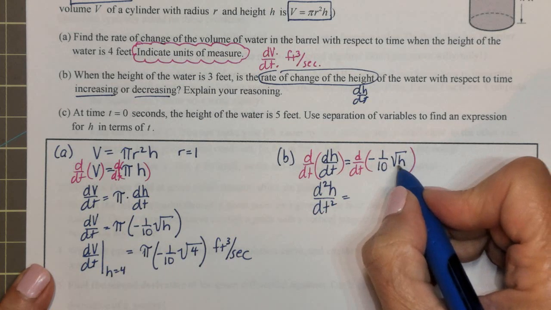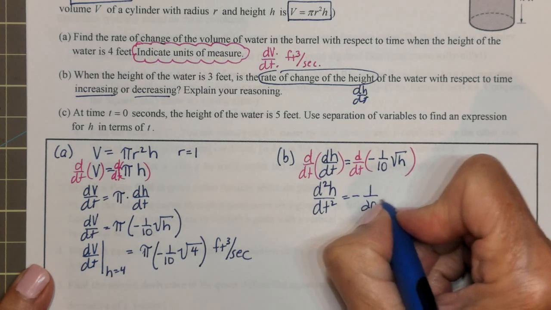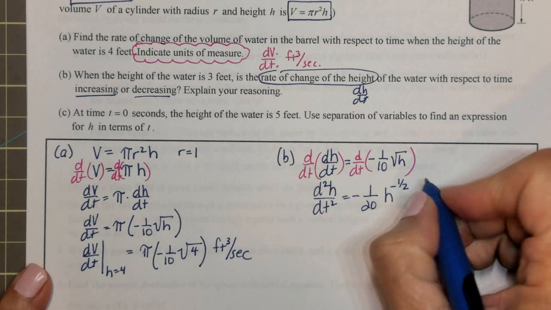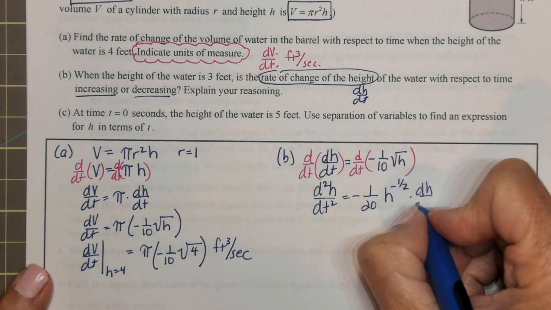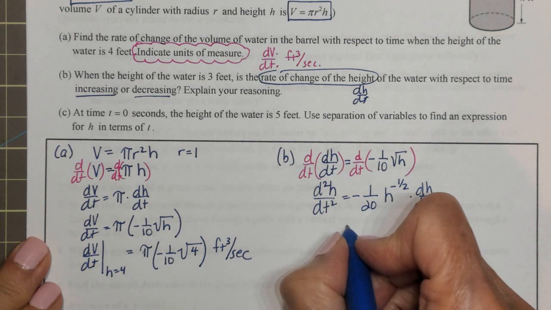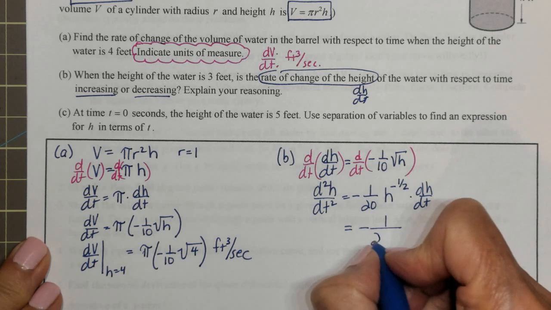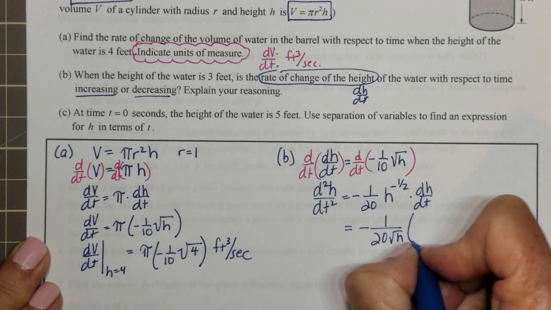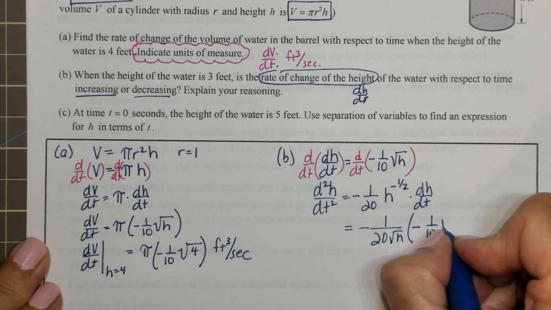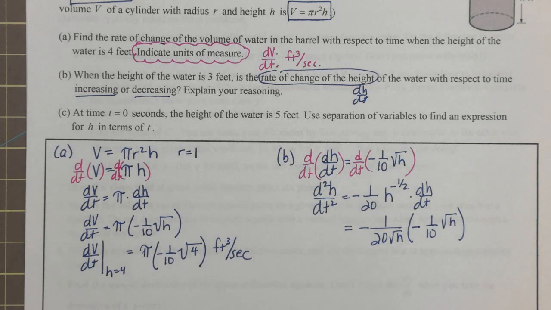So the derivative of this, h to the 1/2, so 1/2, that'll be negative 1/20 h to the negative 1/2, subtract 1 from the power, times dh/dt. Okay, that is negative 1 over 20 square root of h times dh/dt, which is negative 1/10 square root of h. These square root of h's cancel each other out.